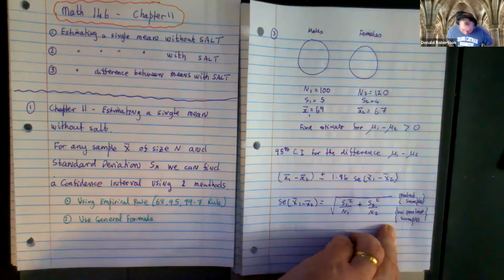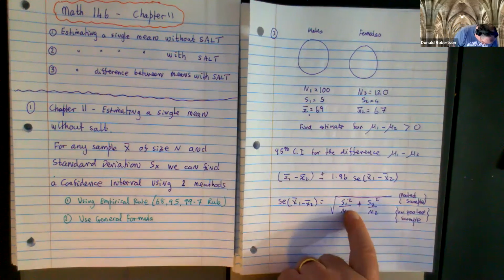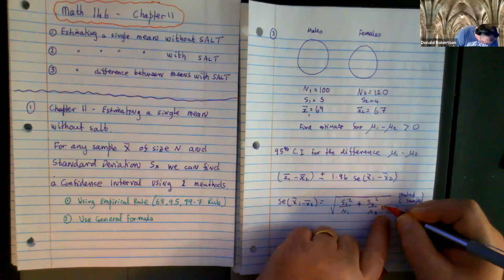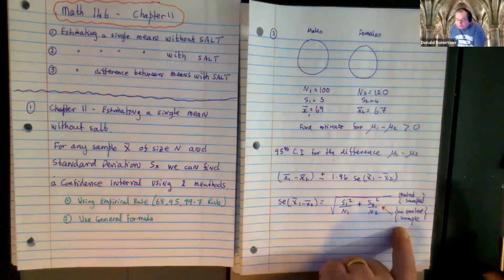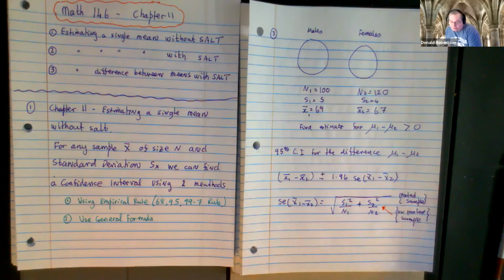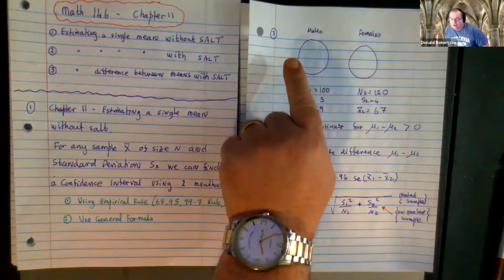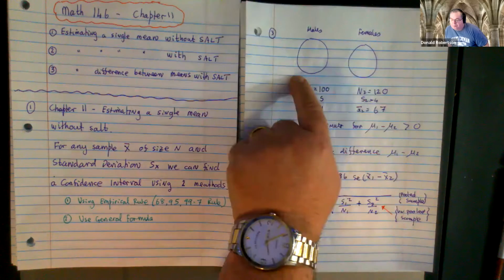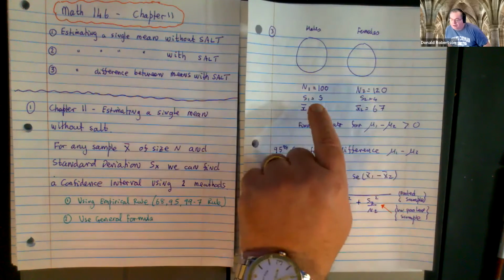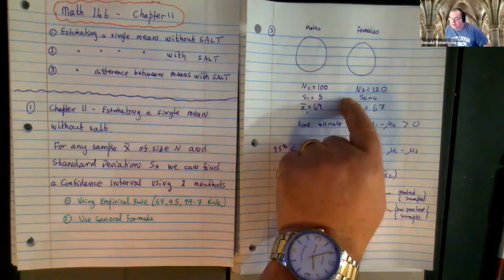This particular one that we're using, which is the much more common one, is an unpooled sample. What you're assuming here is that the two populations are quite distinctly different and that their standard deviations, therefore, are likely to be different.